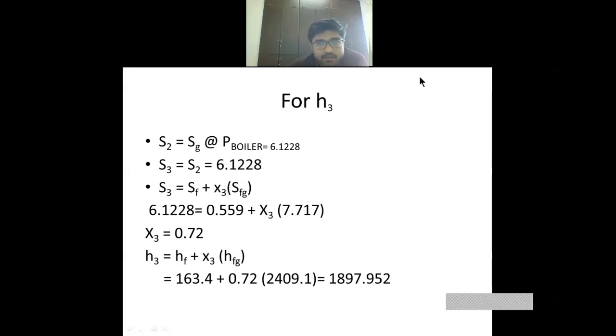But there is a question: from where do you have to get this data? It is basically from the condenser pressure. Clear? Both these Sf and Sfg. So let us check that. Have we taken it from the condenser pressure? Let us check. So what is Sf?